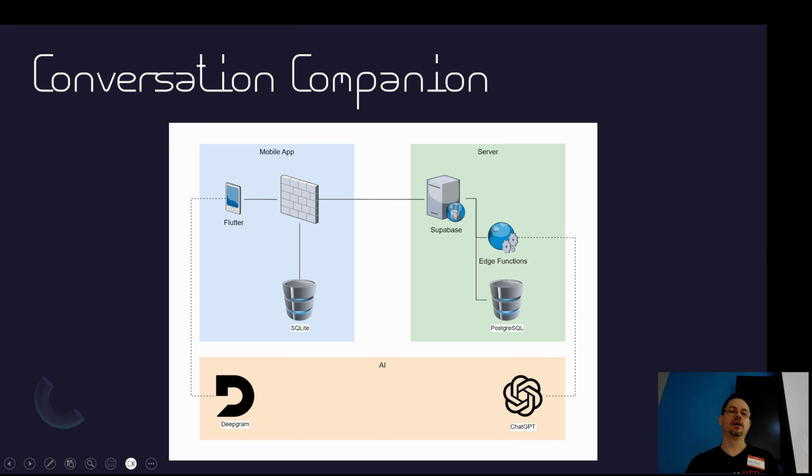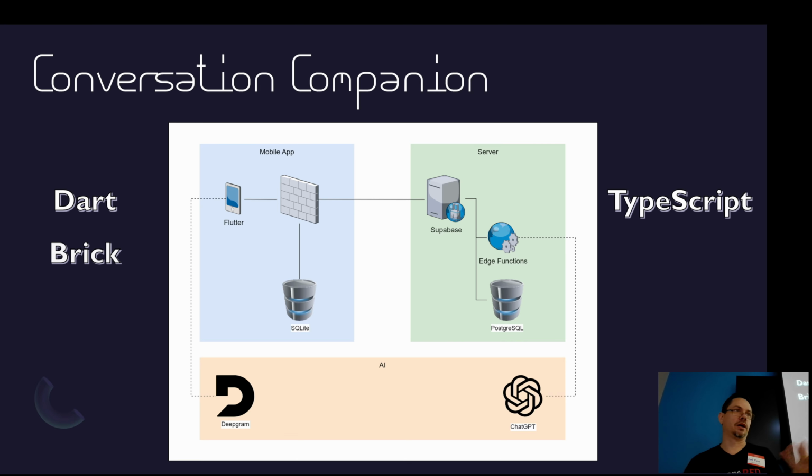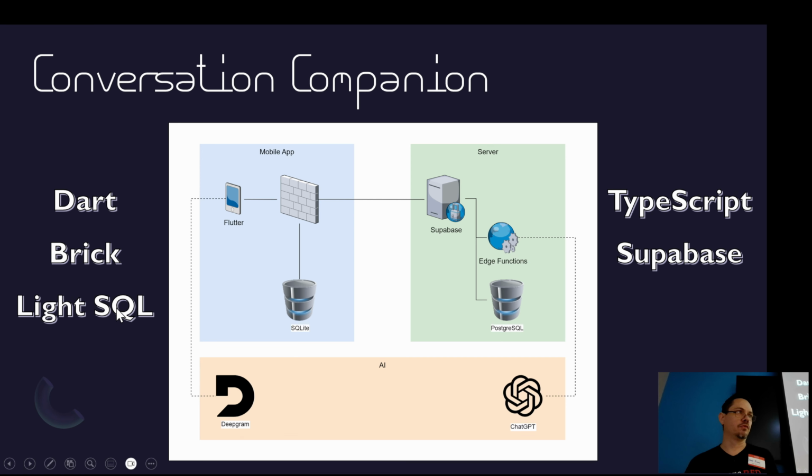And oh, by the way, on the client, I'm using Dart, which is a language. On the server, I'm using TypeScript. On the client, I'm using this Brick offline model to synchronize my data. On the server, I'm using Supabase, which is an entirely different API set. On the client, I've got a lightweight version of SQL that's not a fully fledged SQL. On the server, I have full-blown SQL, which is a different flavor of SQL.